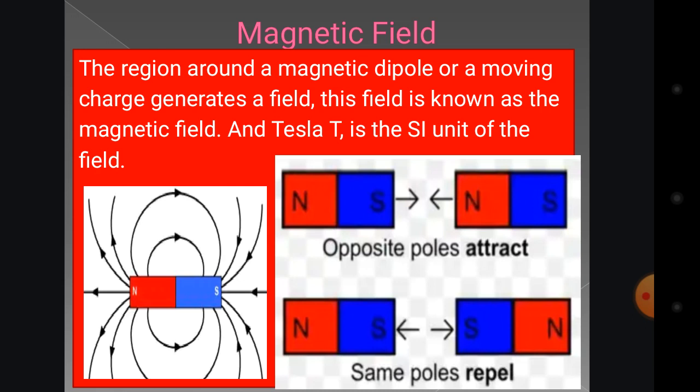As they move around the magnetic dipole, the north and the south, they generate a field called the magnetic field, which is measured in Tesla, the SI unit of the magnetic field.